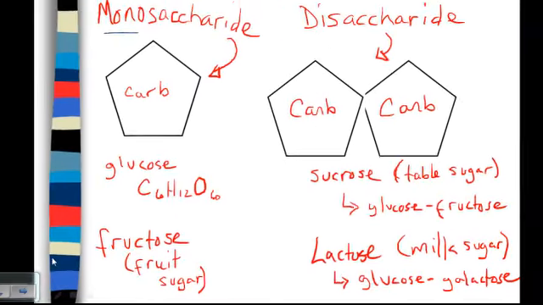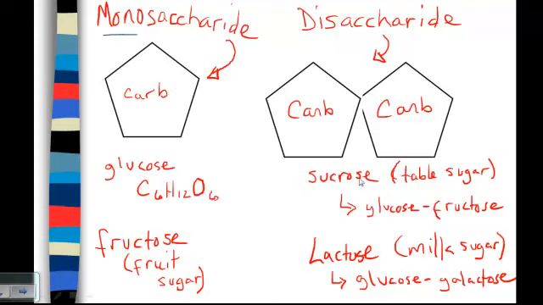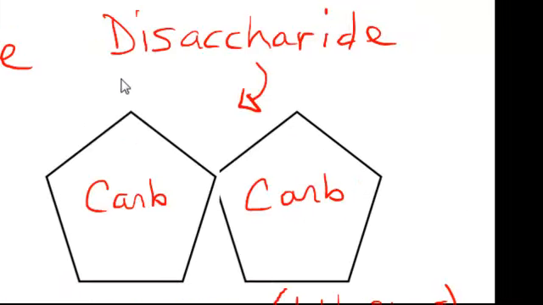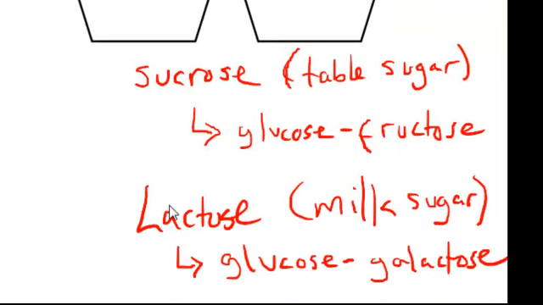Sucrose is an example actually not of a monosaccharide, but of the next one, a disaccharide. Di means you have 2 carbohydrate units that are bonded together. So with sucrose, what we have is a single unit of glucose that's bonded to a single unit of fructose, and that forms sucrose. That's your table sugar.